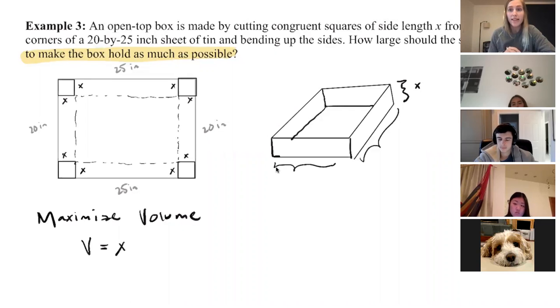Did you say 2x? Yeah. Okay, perfect. So on the longer side, which we usually refer to as the length, it would be 25 minus 2x. Does everyone see that? We're cutting out an x and an x from each side, so we're actually cutting out a length of 2x from each side. And then our width would be 20 minus 2x.